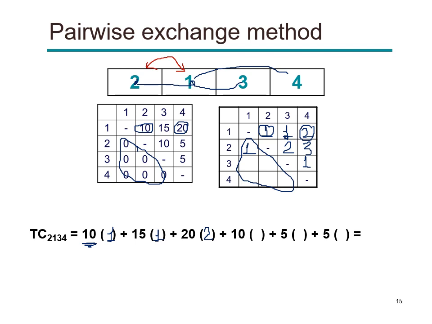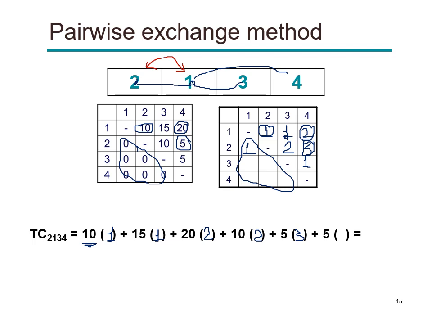Then the distance between 2 and 3 is 10, and the flow is 2, so it is 10 times 2. Okay, then the flow and distance between 2 and 4 are 5 times 3, so this is 3.